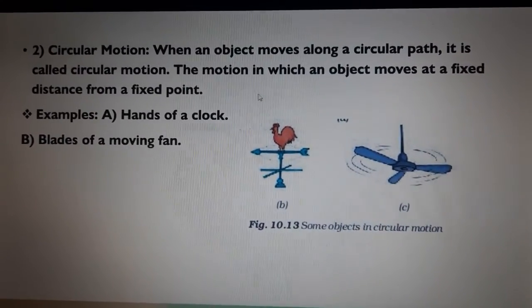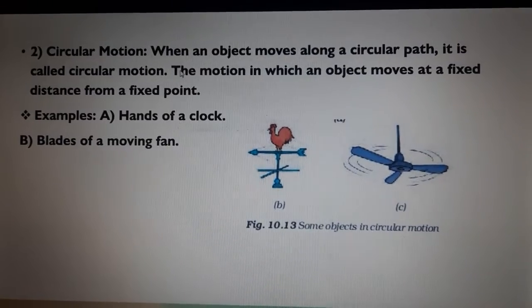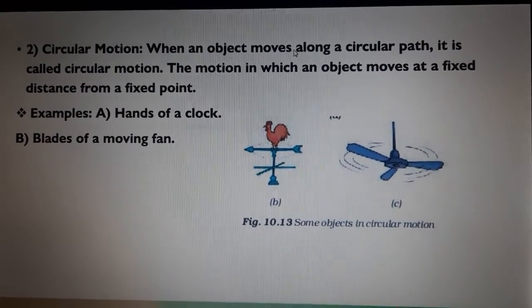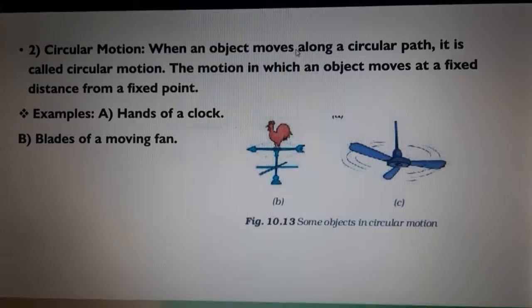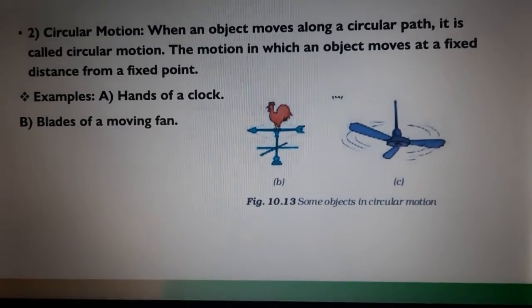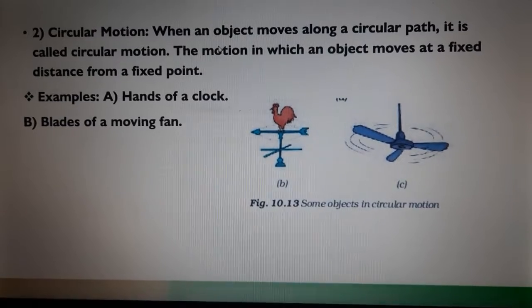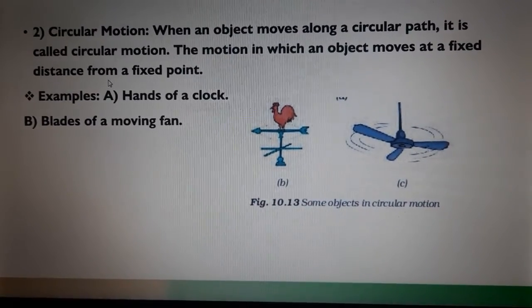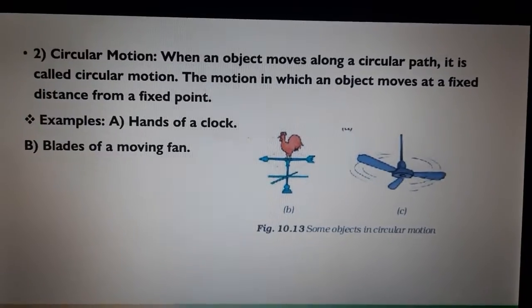The second motion is circular motion. When an object moves along a circular path, it is called circular motion. The motion in which an object moves at a distance from a fixed point.